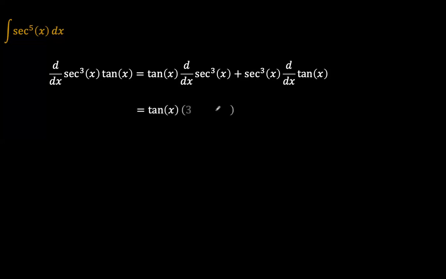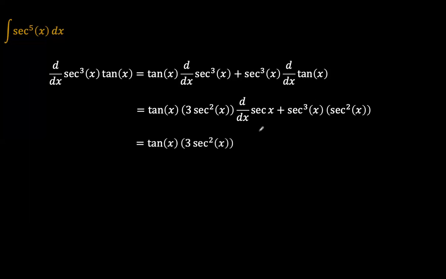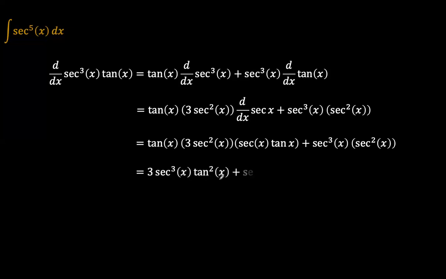And this becomes tan x times 3 sec squared x times the derivative of sec x, which we're going to find out later, and then sec cube x times sec squared x, which is the derivative of tan x. And sec x, when you differentiate, is sec x tan x. So eventually we have 3 sec cube x times tan squared x plus sec to the power 5x.